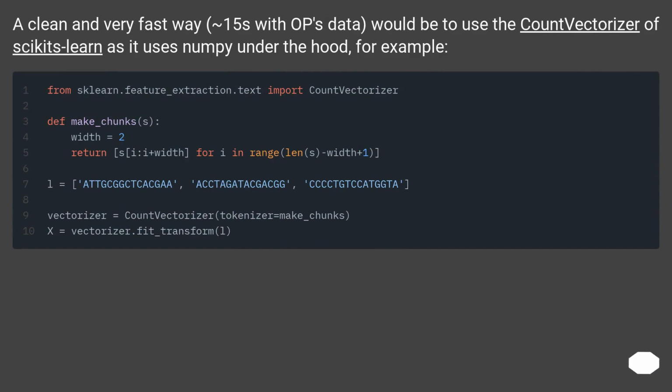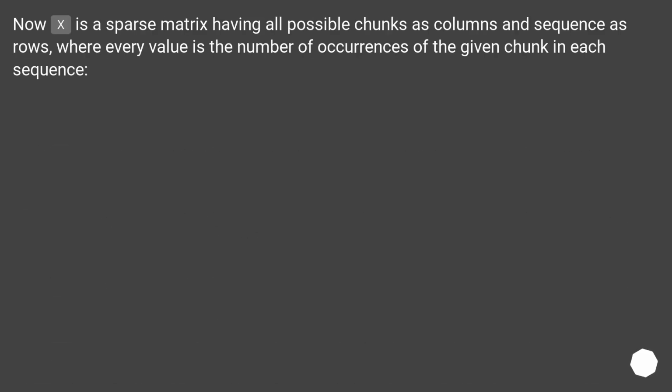A clean and very fast way would be to use the CountVectorizer of scikit-learn, as it uses numpy under the hood, for example. Now X is a sparse matrix having all possible chunks as columns and sequences as rows, where every value is the number of occurrences of the given chunk in each sequence.